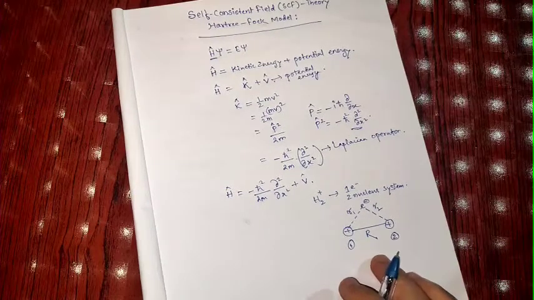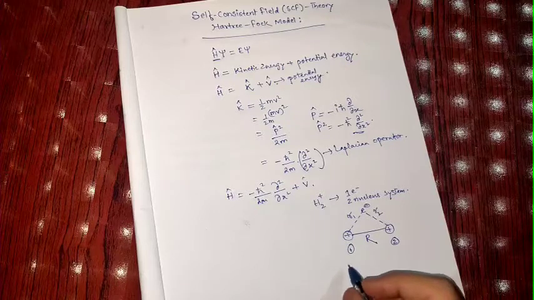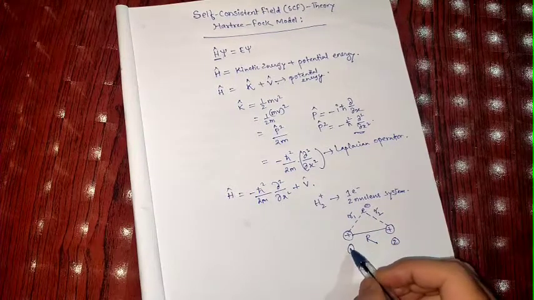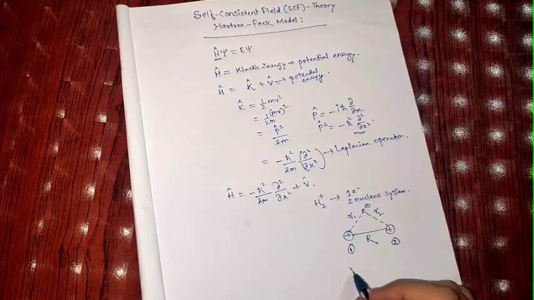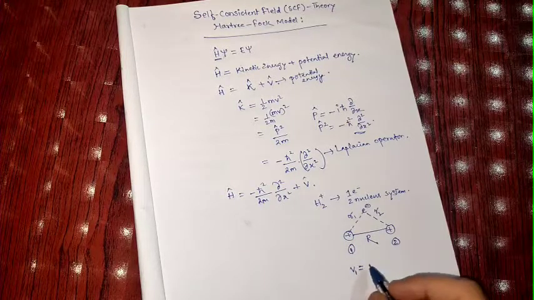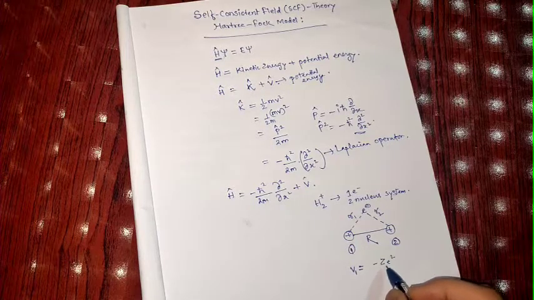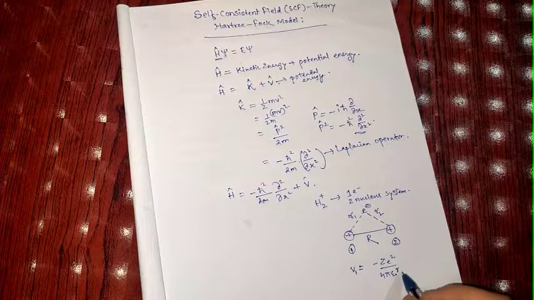So what you can see here is that you can find the potential energy. Suppose the interaction between the electron and the first nucleus, that potential energy, we consider V1, gives the value minus z e square by 4 pi epsilon naught R1.